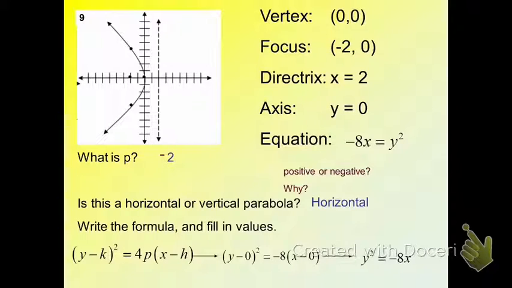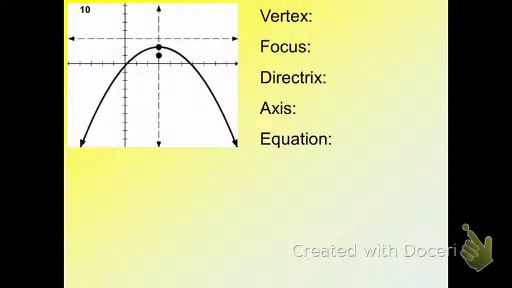All right, I believe it's 2 more of these without that vertex being on the origin. So on number 10, Malachi, what is the vertex? 3, 2. Emma, what is the focus? 3, 1. Sophia, what's the directrix?